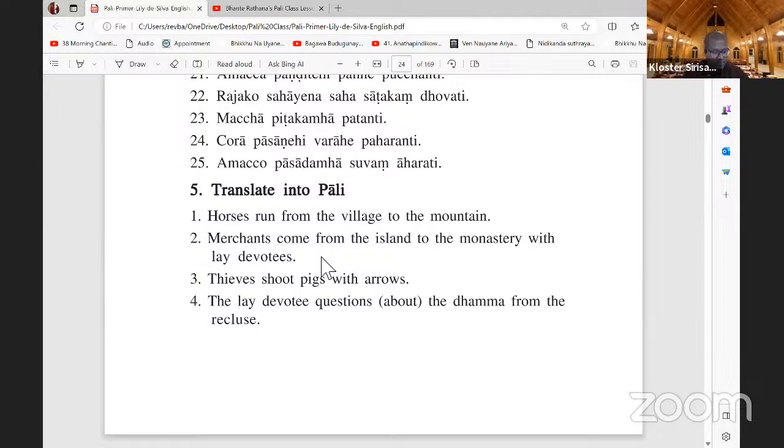Okay. Here we get thieves first, Chora, and the pigs. Then come the arrows, Sarehi, and then Varahi, and then Vijanti.